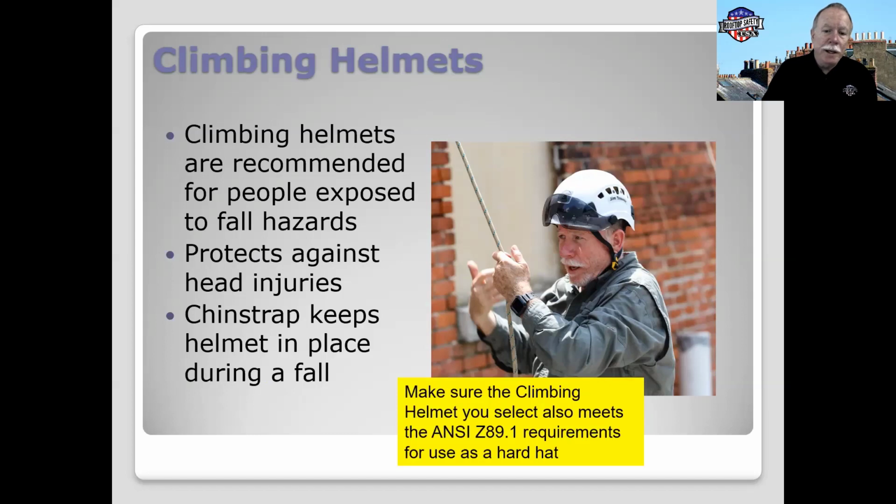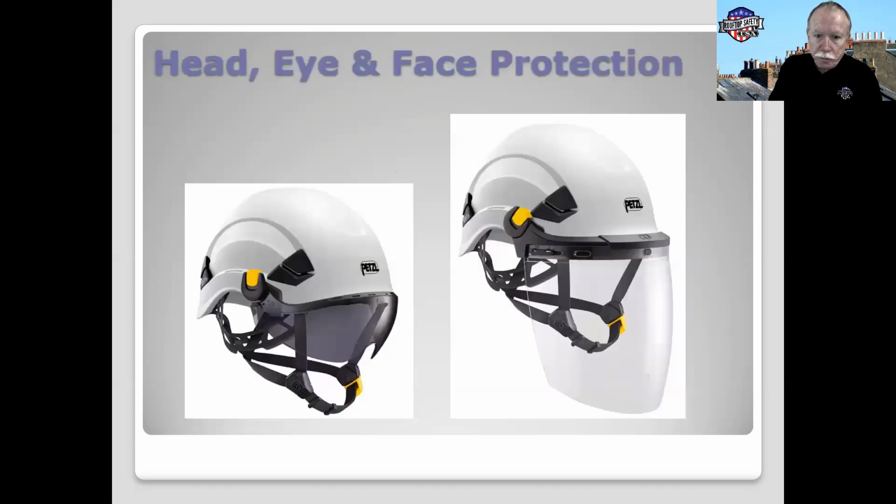You can get climbing helmets that also meet the Z89.1 hard hat requirement. So on a work site where hard hats are required, your climbing helmet will fulfill that purpose. Petzl makes a great line of climbing helmets, and they also make eye and face protection that easily attach and remove from the helmet.